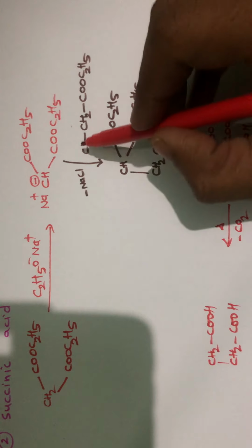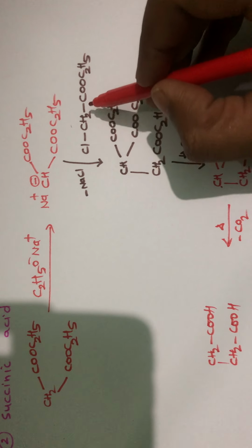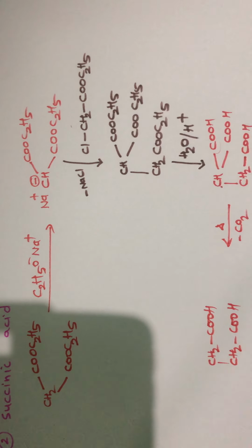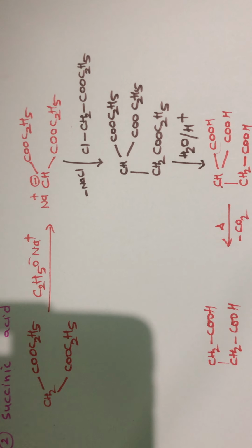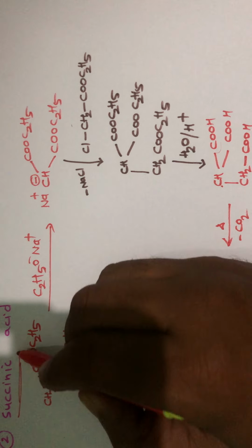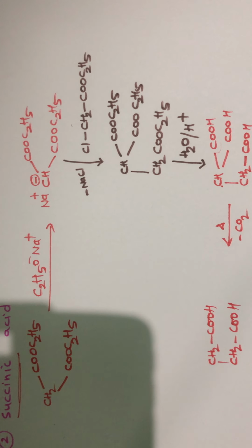The only difference is here we are using chloroethyl acetate, while there we used a simple alkyl halide. So you get a dicarboxylic acid, and this dicarboxylic acid is succinic acid. This is the use of diethyl malonate in the synthesis of monocarboxylic acids and dicarboxylic acids.